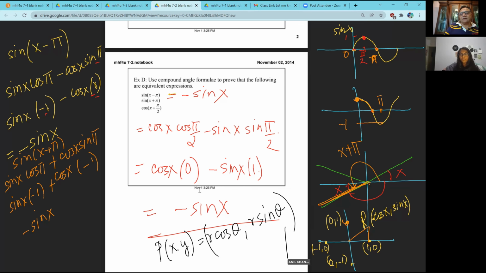Let me make a triangle here. If this is x, this is y, and this is r, what is r? In a right angle triangle, r is equal to the square root of x squared plus y squared. However, if r is 1, then r squared is also 1, so we get cos theta and sine theta straight from the point itself.